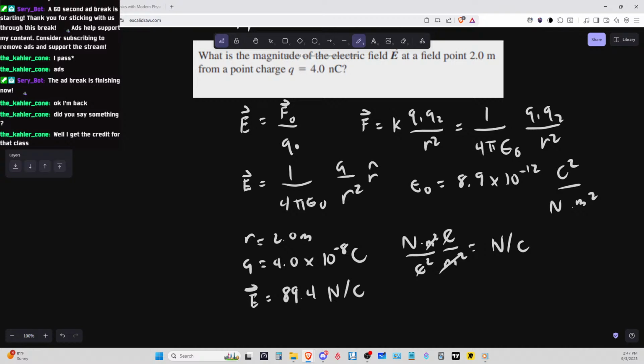So we have times technically 4. I mean, that leads us to 90. So they're practically close, doing it with K and doing it without.